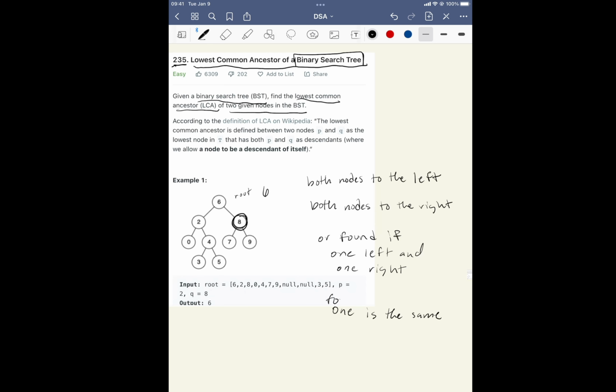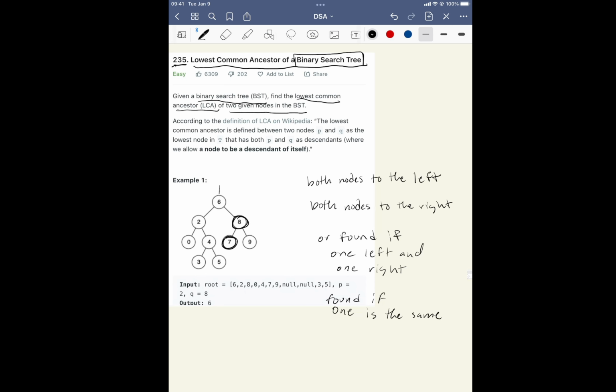So there's 4 cases. You can actually traverse the tree, and you can start at the root. Say I'm looking for the lowest common ancestor of 8 and 7.